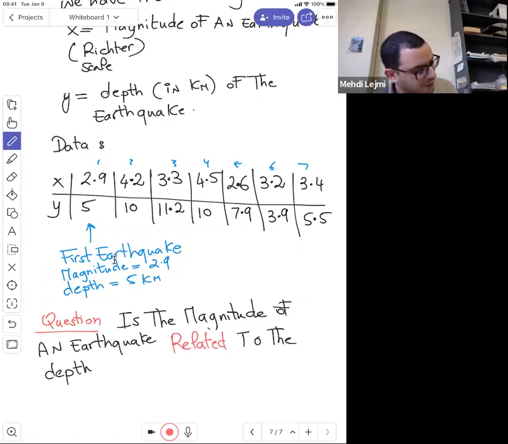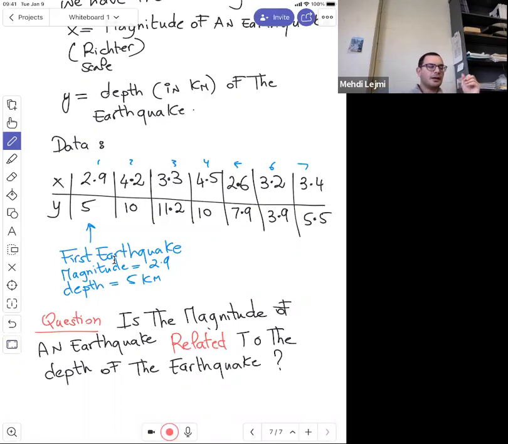Okay, to the depth of the earthquake. So when I say related, I'm asking: is there a relation or connection, a relationship between the magnitude and the depth? That's what we're going to try to answer in this section.